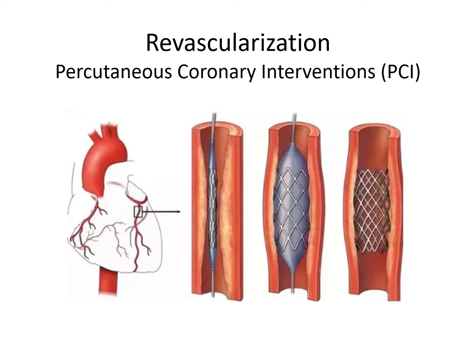Another term that is used is percutaneous coronary intervention, PCI. That means that we insert a catheter through the skin percutaneously, and we advance it all the way up to the coronary arteries and perform an intervention there.